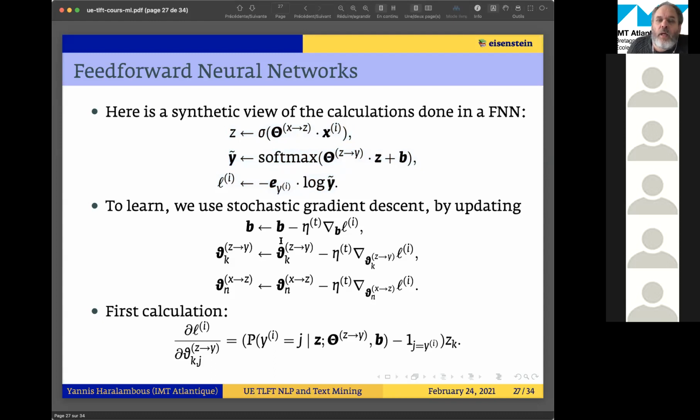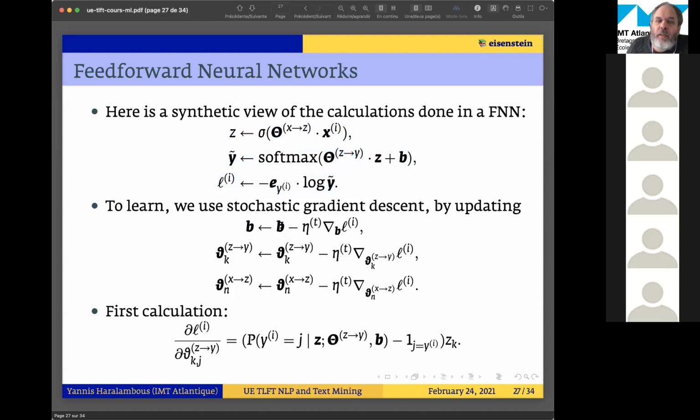So what do I need to define? I need to calculate thetas and b's. I have two kinds of thetas, thetas for the first layer and thetas for the second layer.